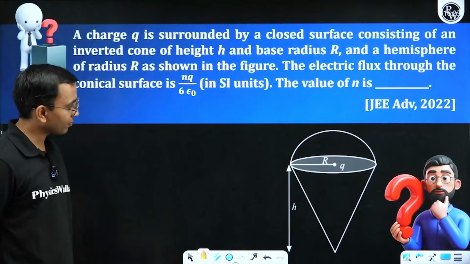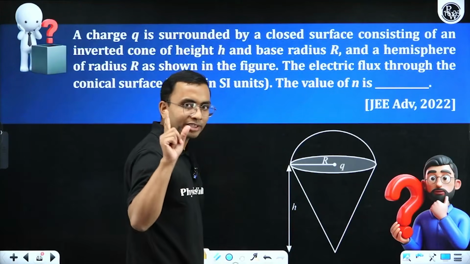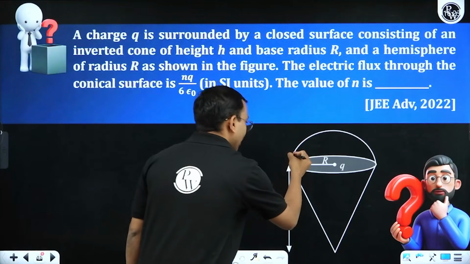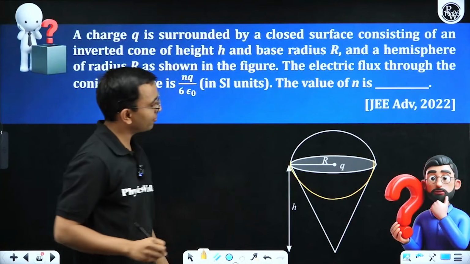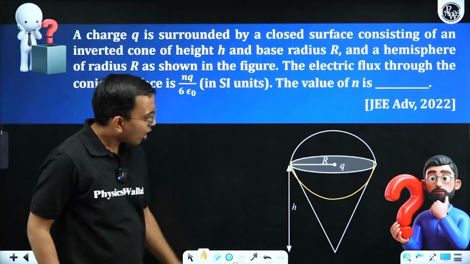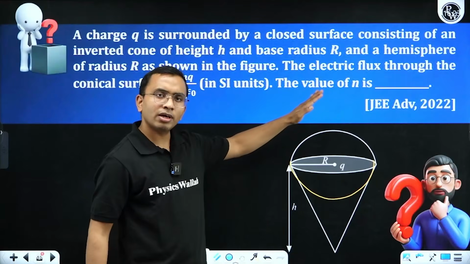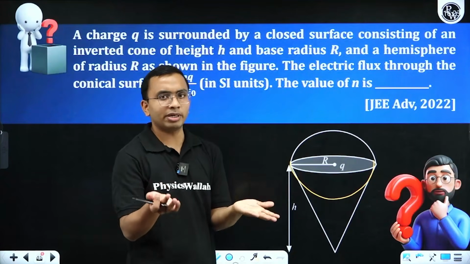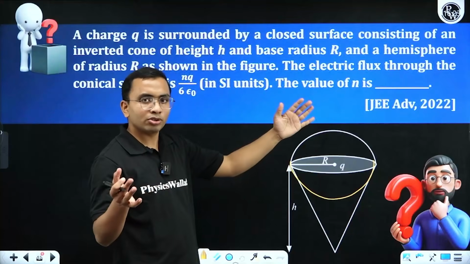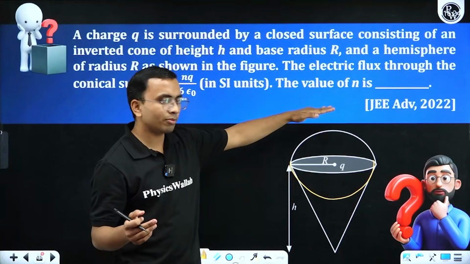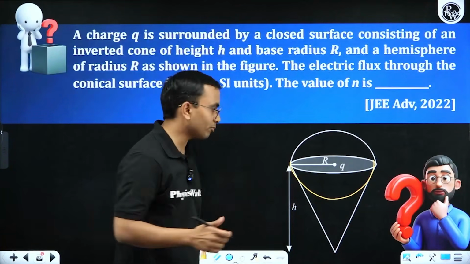How to do this? One simple thing: if I make this a complete sphere, and I ask you how much flux is passing through the upper half and lower half, you will say it is symmetrically placed at the center. Q by 2 epsilon naught, total is Q by epsilon naught. So Q by 2 epsilon naught from the upper, Q by 2 epsilon naught from the lower.